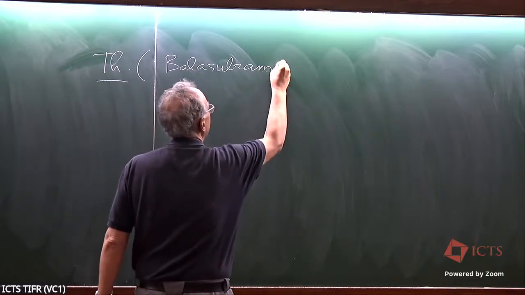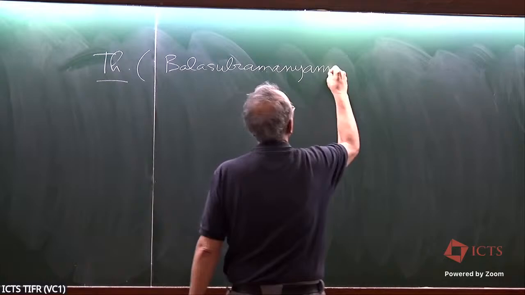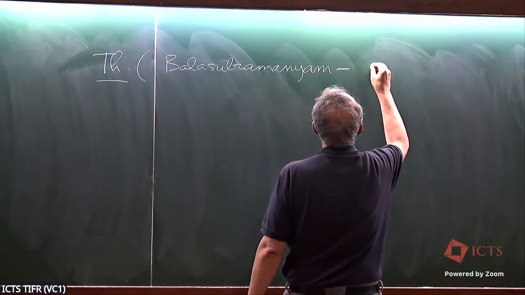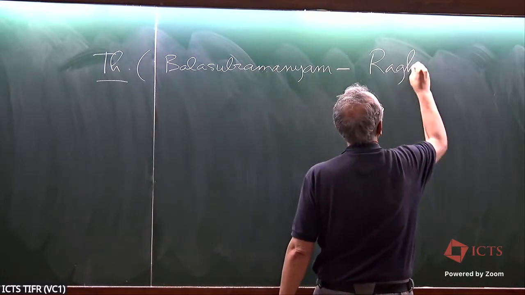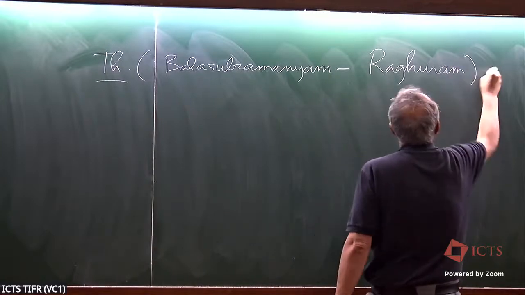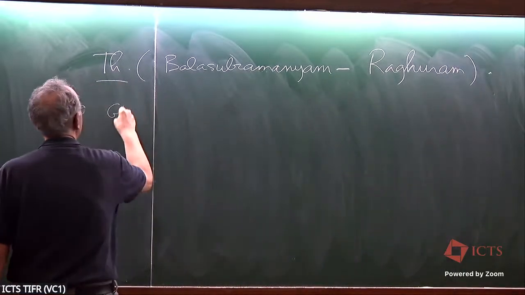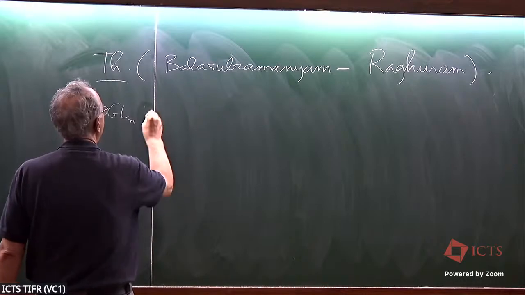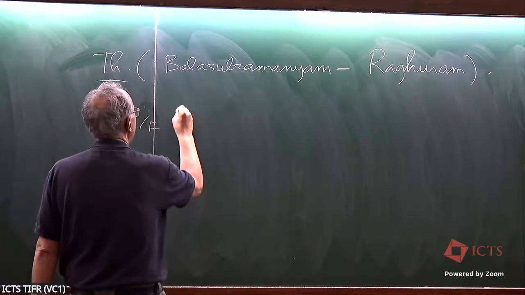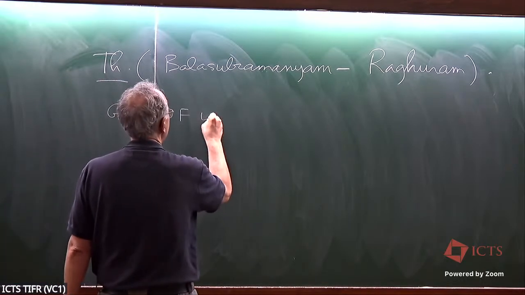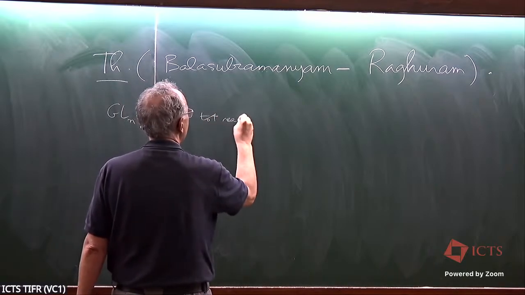Again, this is part of the starting point. We need all these theorems to start. This is more general. You take a GL_N over F. So for us, F is either totally real or CM for simplicity.